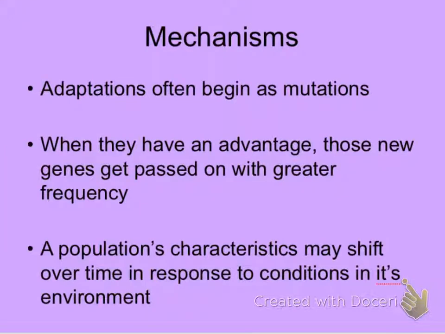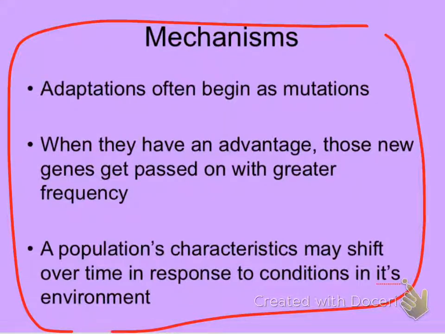Okay, a few little bits of review on mechanisms here. What we later come to think of as adaptations, like having a large beak and living on an island where all your food is big, often start off as a mutation that underlies variation. When something gives you an advantage, those genes get passed on with greater frequency.